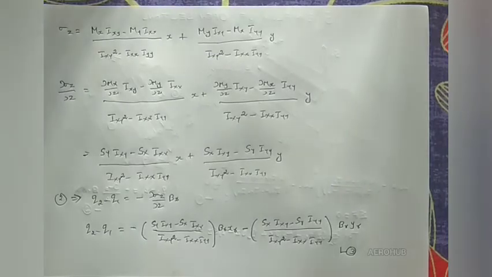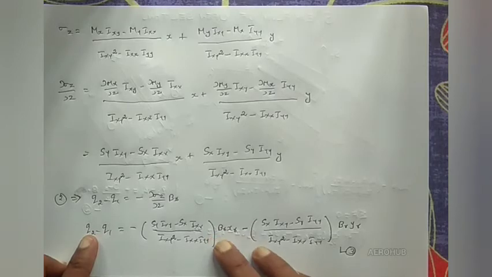Therefore, equation number 3 denotes that whenever we have a boom in the section, the shear flow will be incremented by this amount. Q2 minus Q1 is nothing but the change in shear flow.